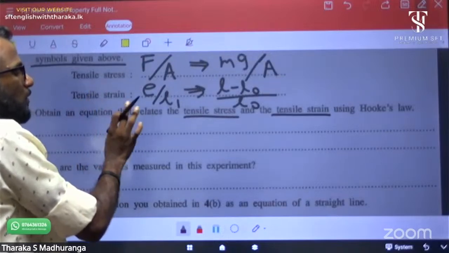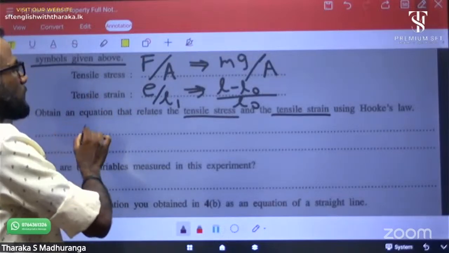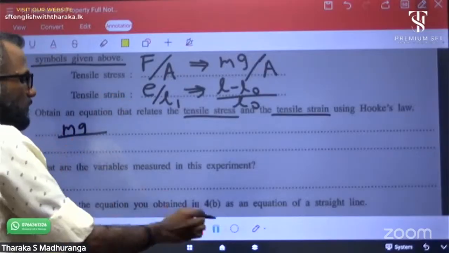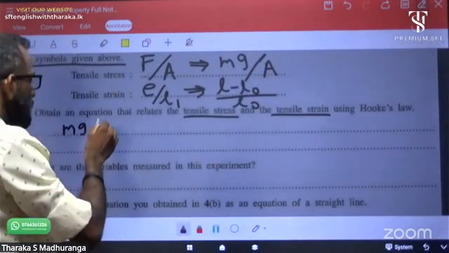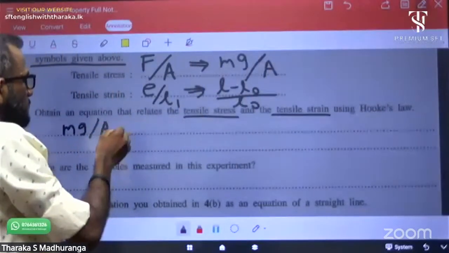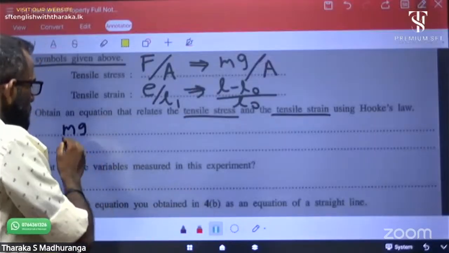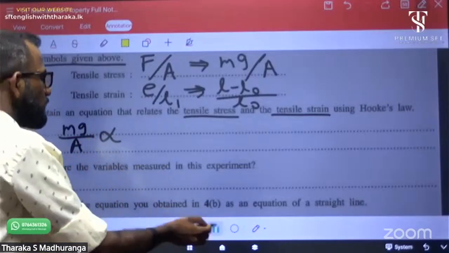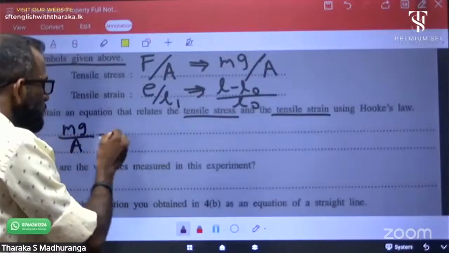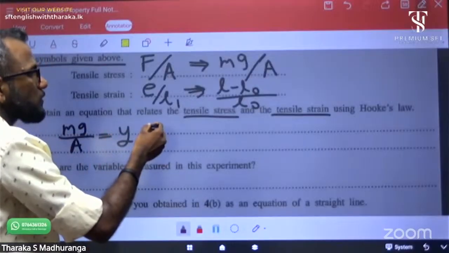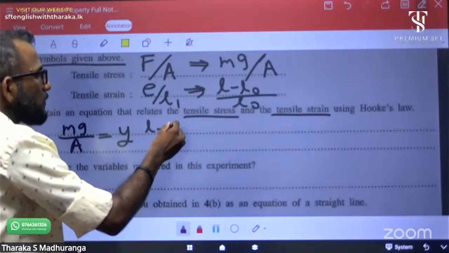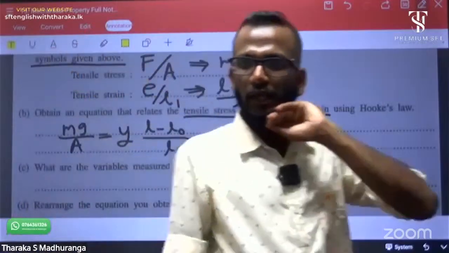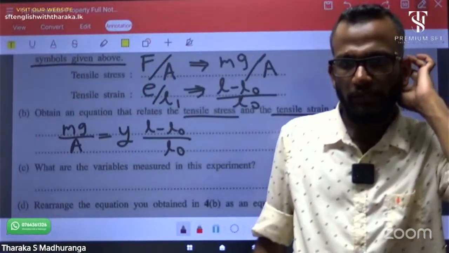According to Hooke's law, stress. What is the stress? Stress is mg over A. Mg over A is equal to, not directly proportional, equal to Young's modulus times L minus L naught divided by L naught.